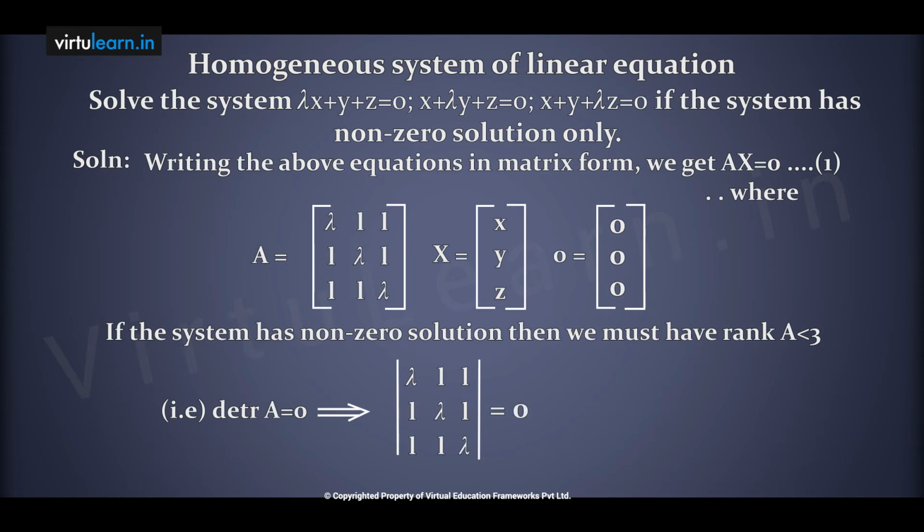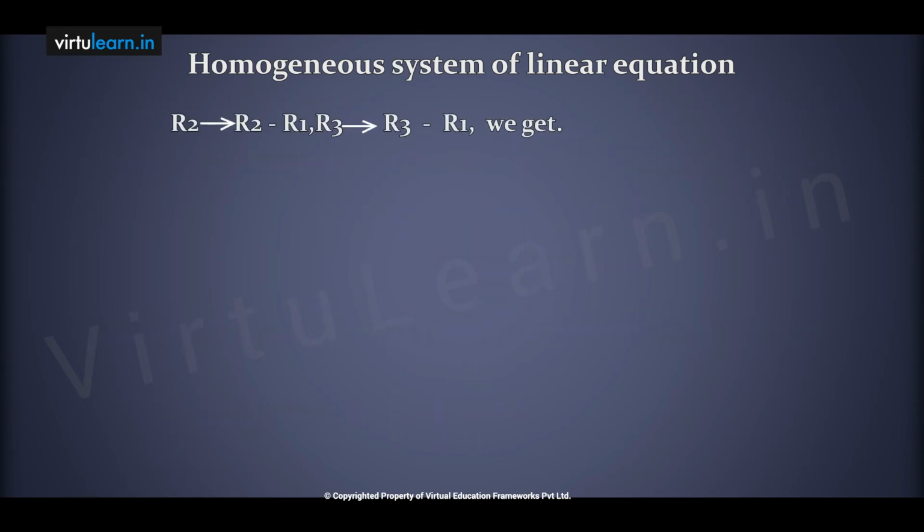Now determinant of A, lambda 1 1, 1 lambda 1, 1 1 lambda, equal to 0. For easy calculations we do R2 changes as R2 minus R1, and R3 as R3 minus R1. Then we get zeros in the second row third element and third row second element. First row as it is, lambda 1 1.